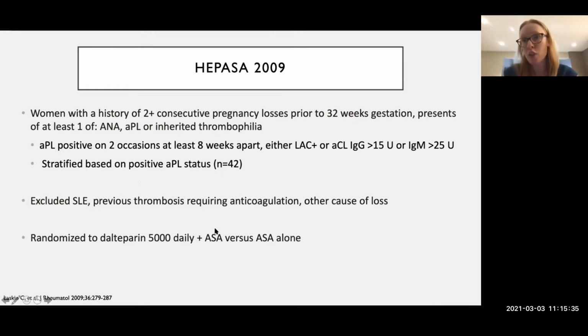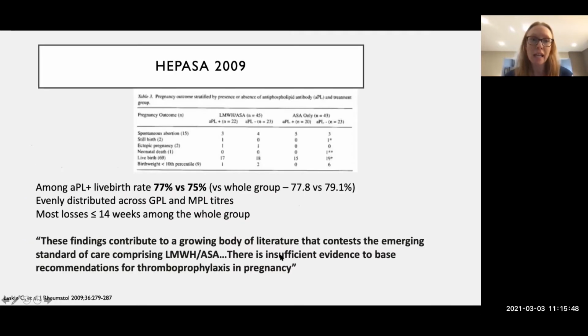And they looked at the lupus anticoagulant or anticardiolipin antibodies, randomizing to low molecular weight heparin prophylaxis, dalteparin and aspirin, versus aspirin alone. And in this subgroup, again, these are smaller numbers, in the two arms for antiphospholipid antibodies, the live birth rate was 77 versus 75%. Mostly were those early unclear losses.